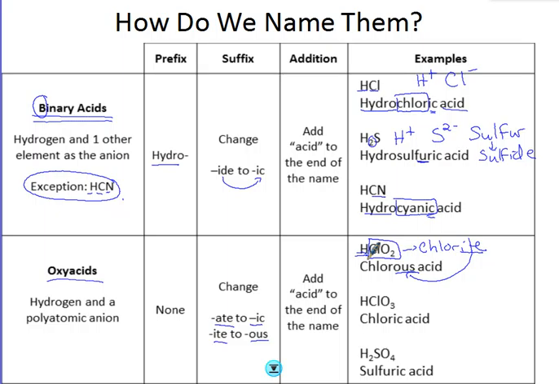HClO3 is chloric acid, and that's because ClO3- is chlorate. So the "ate" goes to "ic." And then H2SO4, sulfuric acid. I've got my H+ and my SO4 2-, and that's why I've got to have 2 H's here.